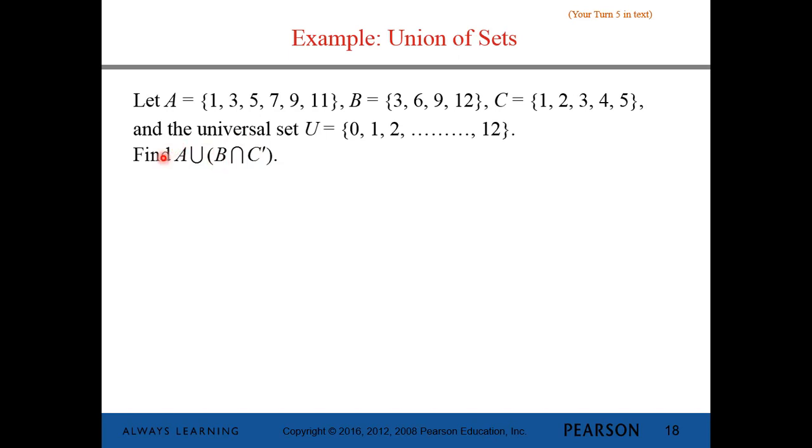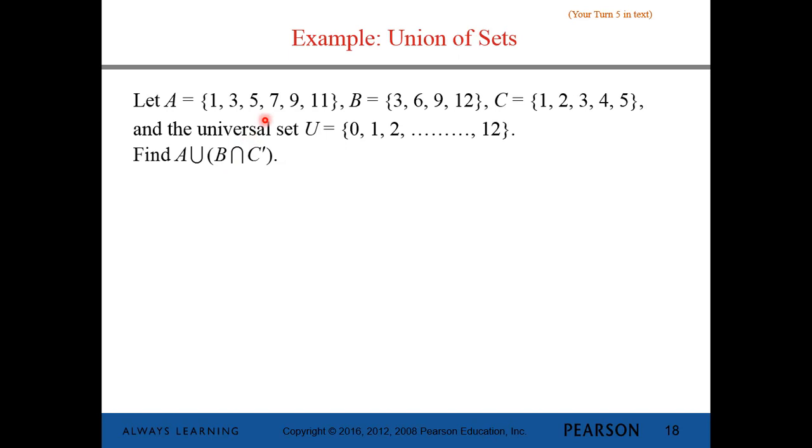So that means we're going to take everything in A and everything in here, put them all together, and if there are any duplicates, we just get rid of the duplicates, so that there's only one of each. So we're going to take 1, 3, 5, 7, 9, and 11, and add it to this set, which we've found is 6, 9, and 12.